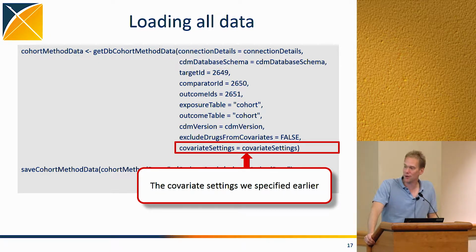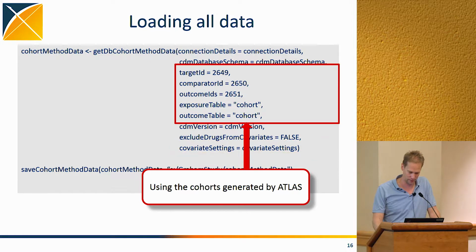They're actually very similar or exactly the same as the options that Jamie showed you in the Atlas interface. And that's, of course, not a coincidence. We designed it that way. The Atlas interface is just a point-and-click interface that allows you to specify these options. And so again, here you can specify whether you want to remove people that had the outcome prior and what the look-back window is.